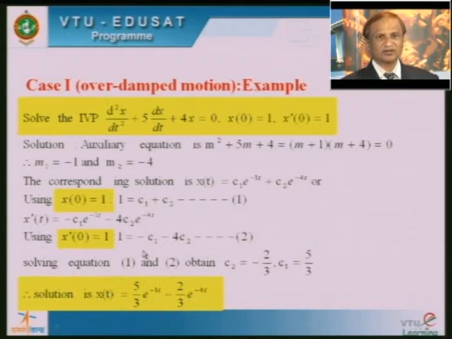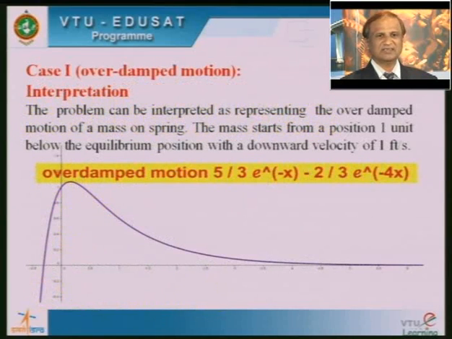Now you want to draw the curve and verify whether it is an underdamped motion or not. When we observe the curve, we will come to know whether it is an overdamped curve. How are we going to interpret it? The problem can be interpreted as representing the overdamped motion of a mass on a spring.